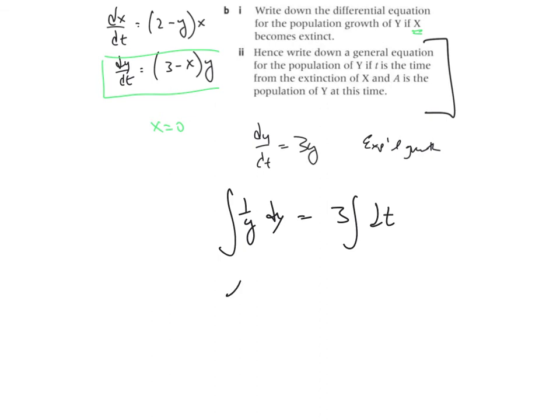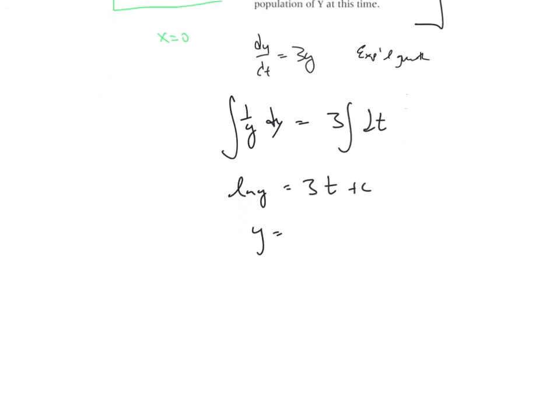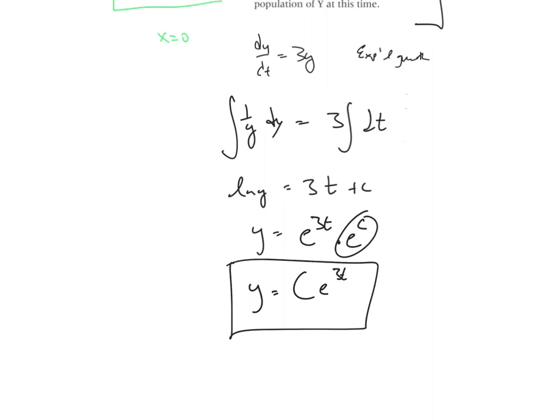And so when I solve this, I get ln y is equal to 3t plus c. y is equal to e to the 3t times e to the c. This here is just some constant, so y is equal to c e to the 3t, and that is going to be my population growth equation, and that's part B.